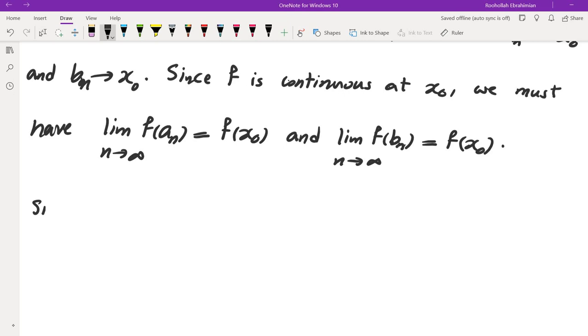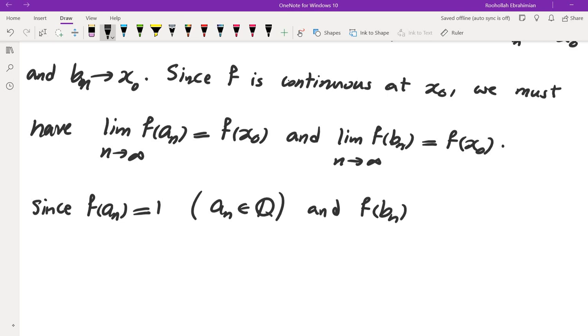Now we know f of a_n is 1, because a_n is rational, and f of b_n is 0 because b_n is irrational.